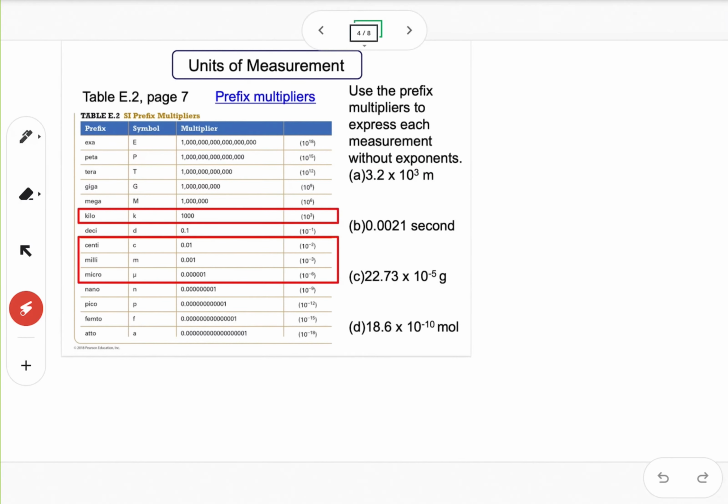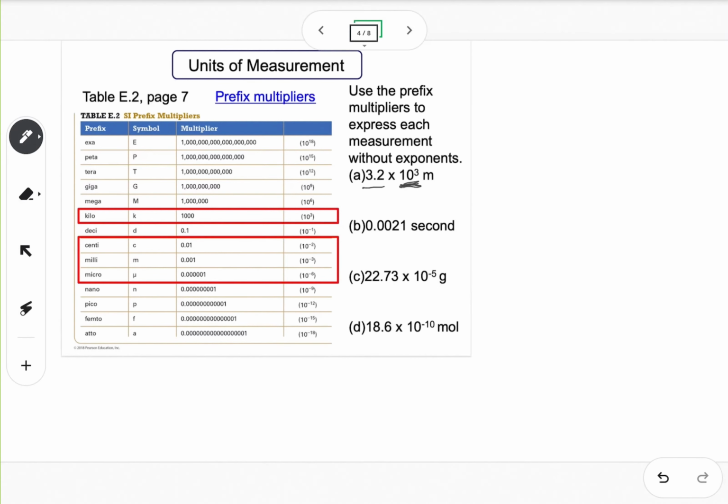Okay. Now, question A, 3.2 times 10 to the third meter. What this question is asking is, you need to find out the right prefix and its symbol to replace 10 to the third. Okay, it has two parts, the decimal part and the exponent part. We need to use a prefix symbol to replace 10 to the third.